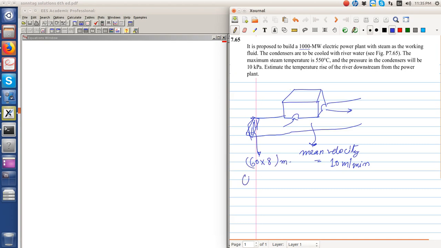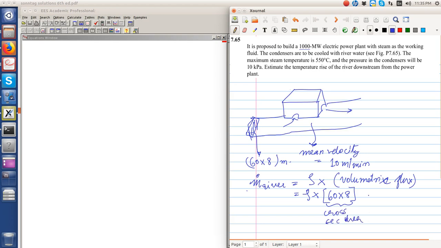So the volumetric flux, let me call it, so the mass flux in the river is equal to the density multiplied by the volumetric flux, which is equal to density multiplied by 60 into 8, which is the cross section area, multiplied by the velocity, which is 10 meter per minute. So this is meters per second.